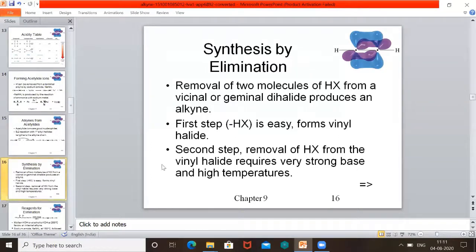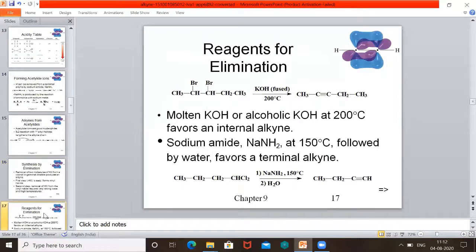Dihalides means compounds having two halogen groups, and if two HX molecules are released, removal of one HX causes the formation of one pi bond. If we remove two HX, we get two pi bonds. So here the first step is easy. It forms a vinyl halide. In the second step, removal of HX from the vinyl halide requires a strong base. How it is, we'll see.